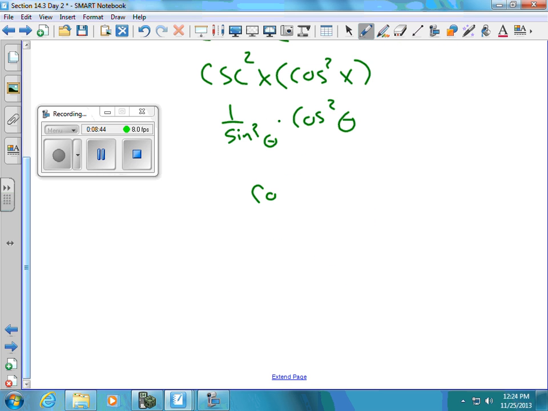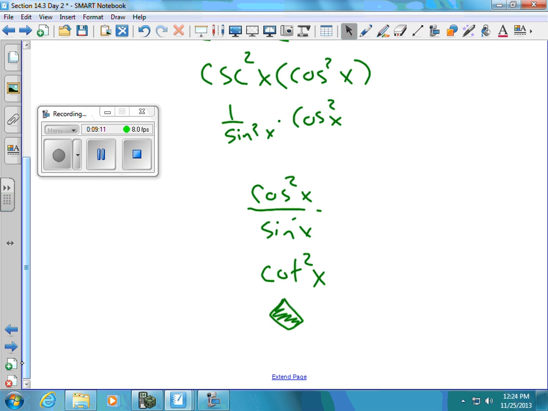I multiply these together, I get the ratio of cosine squared over sine squared, which by definition, cosine divided by sine is cotangent. Since they're squared, it's going to be cotangent squared of x. I keep changing this to theta, I should have done x for this problem. Not a big deal, just be consistent with the variables up there. And we've proven that one as well.